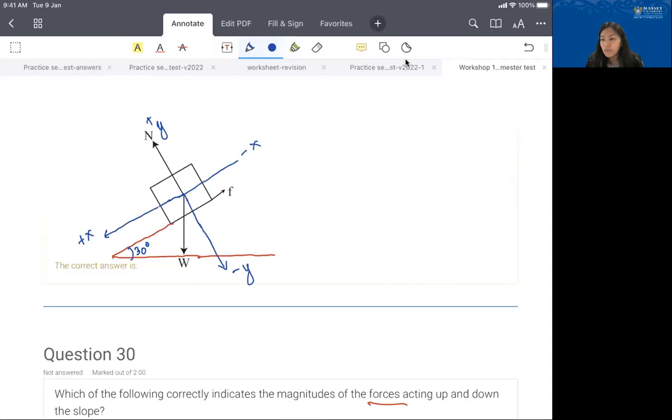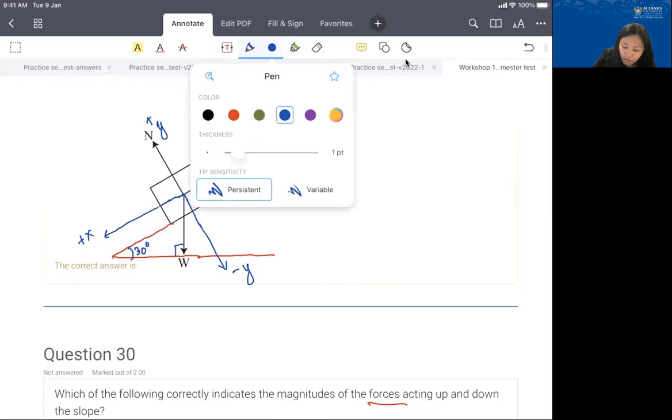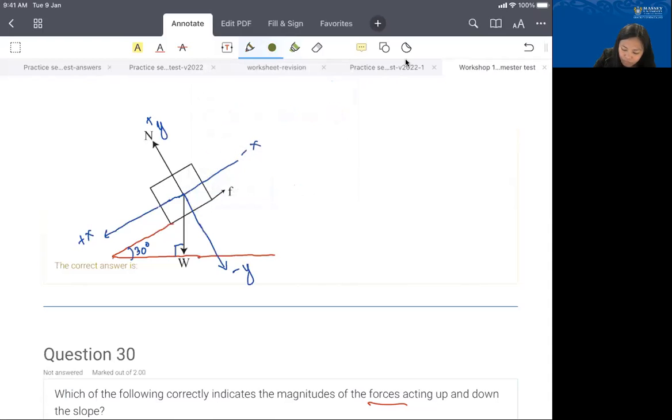So notice again how your weight force makes a 90-degree angle with the base of the slope. And therefore this angle here will be 60 degrees, because that's 180 minus 90 minus 30.